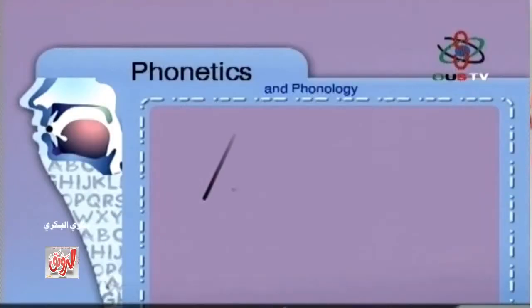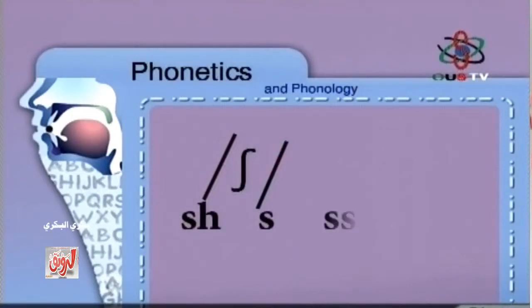That's why in English you find the sound sh, for example. Sometimes it is sh, like she, shy. Sometimes it is just an S, like sure. Sometimes it's double S, like issue, tissue, pressure. Sometimes it's just a T, like nation.